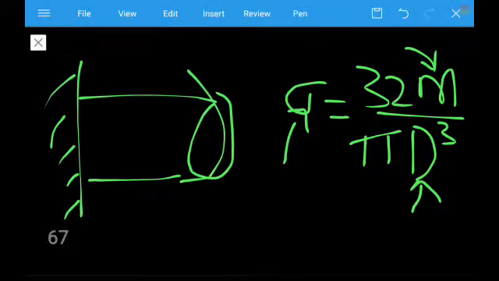The bending moment is like this, and the beams will bend.